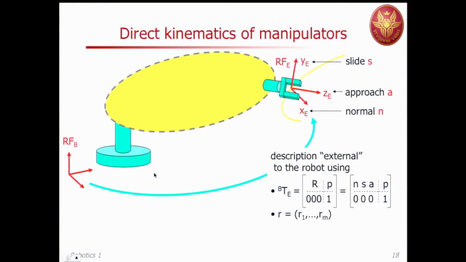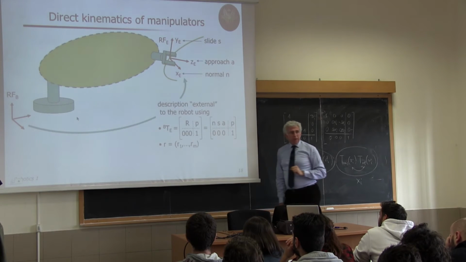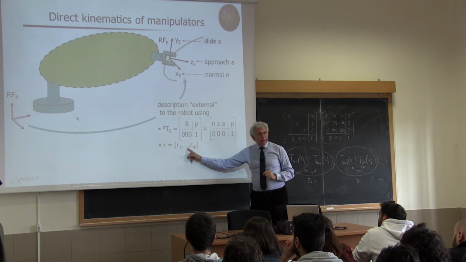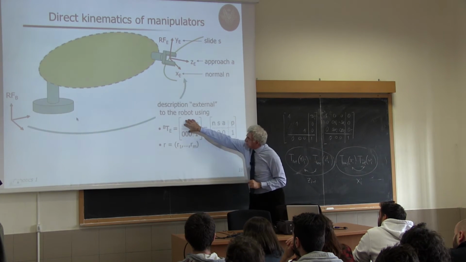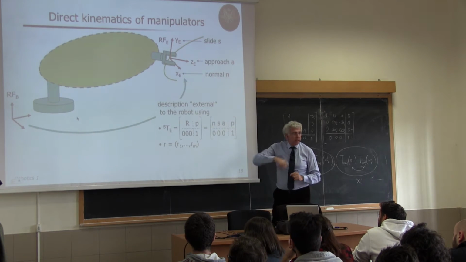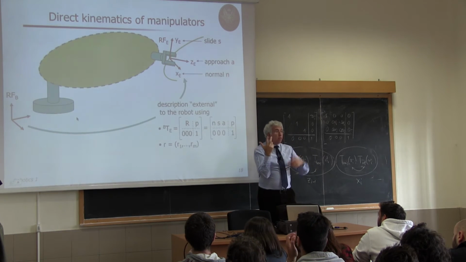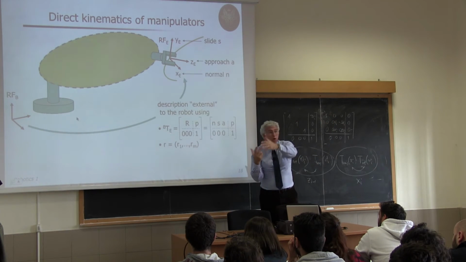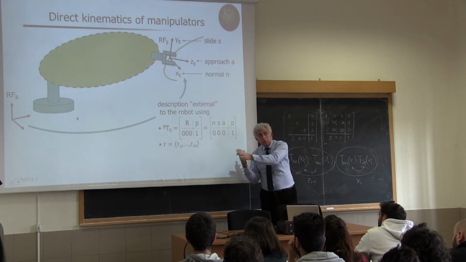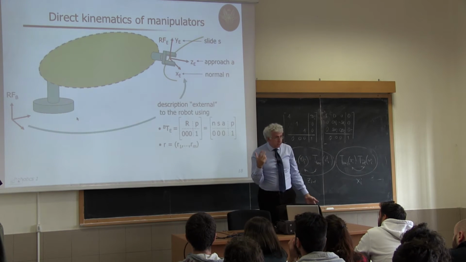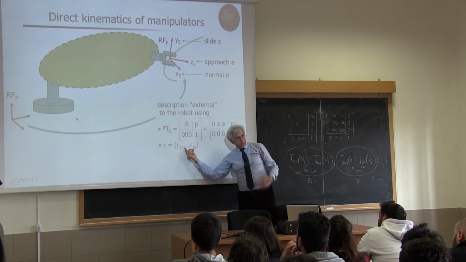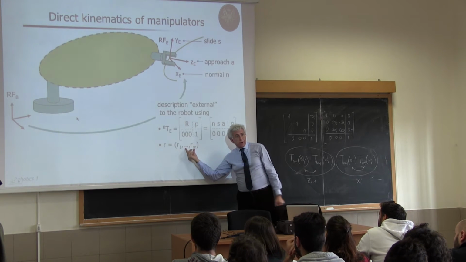For instance, the simplest thing is I can take the 3 components of P, and this will be r1, r2, r3, and then I can extract from the rotation matrix, so from this part, 3 angles of a minimal representation, let's say Euler ZYZ or roll-pitch-yaw in the sequence YXY, okay, and put them here as the other 3 components of r.